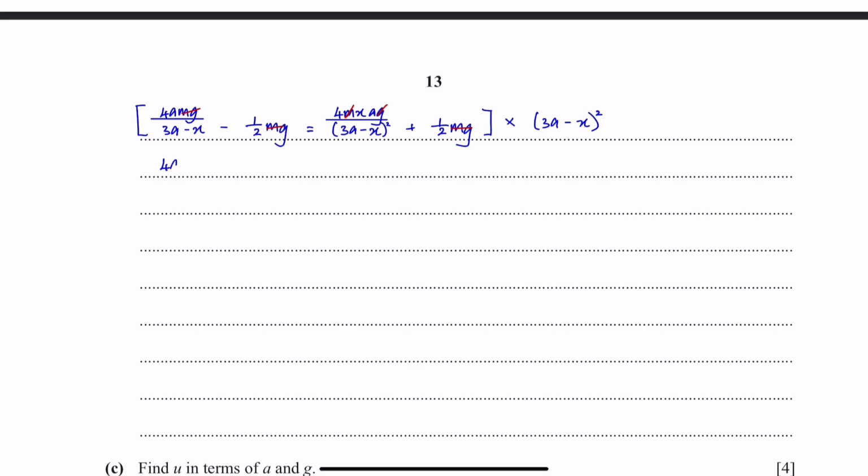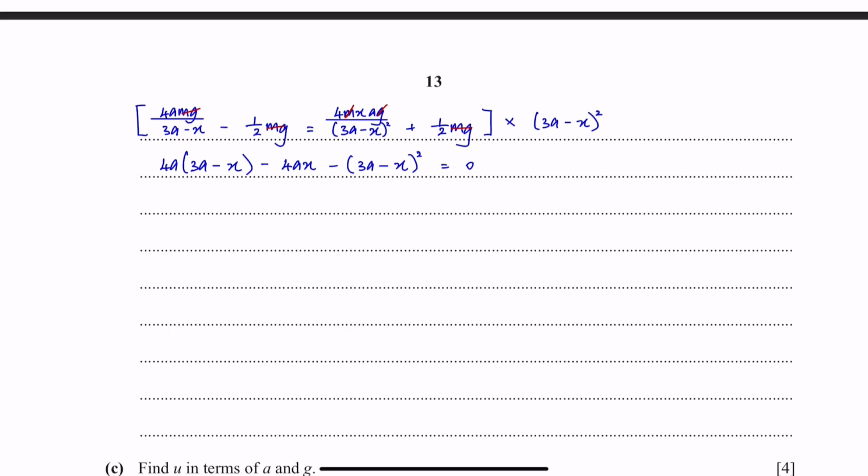So now we would have 4a times (3a minus x) minus 4ax minus (3a minus x) squared equals 0.